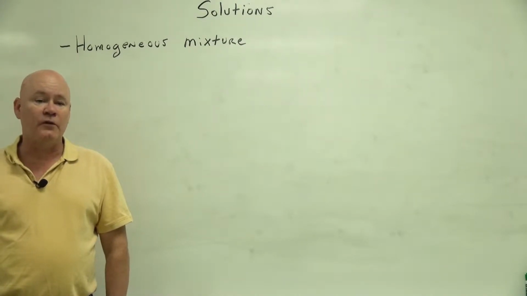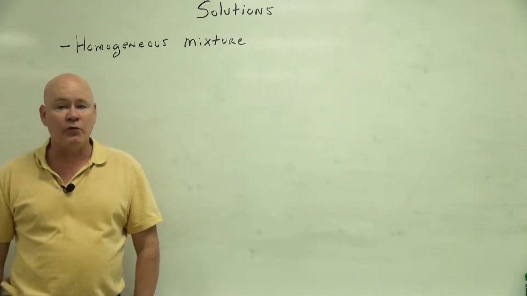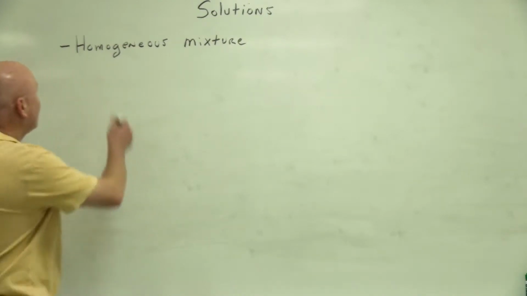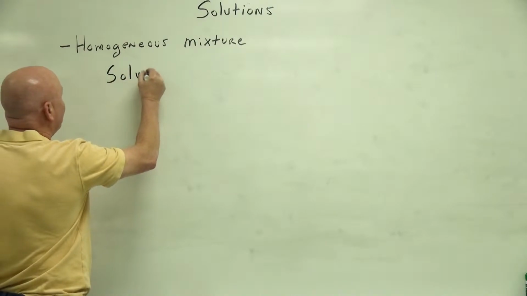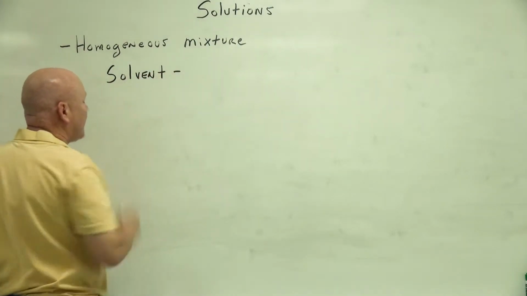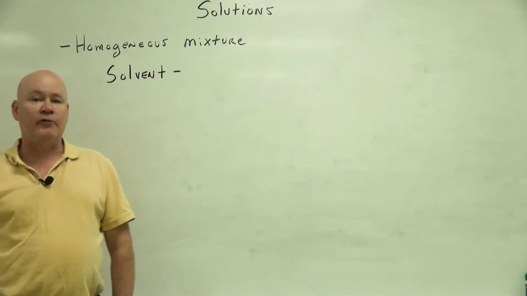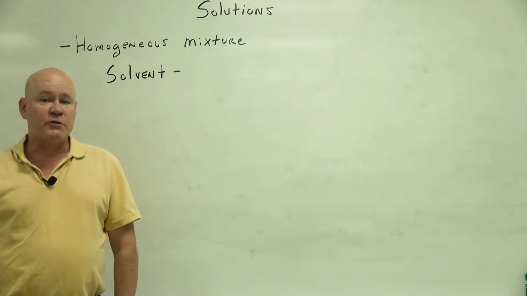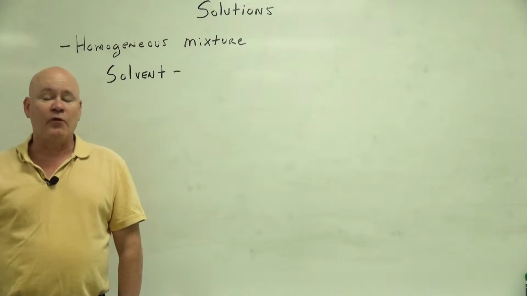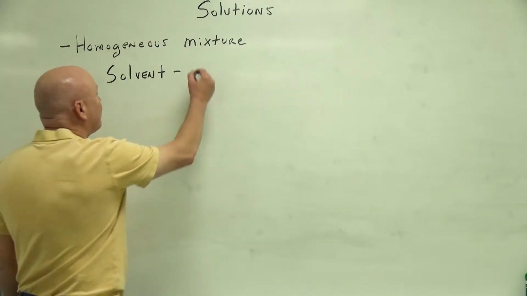But before we go into the different kinds of solutions, we have two terms that you need to know. One is something called the solvent. Usually this is whatever it is dissolved in, but the definition we're going to use is that it's whatever there's the most of.